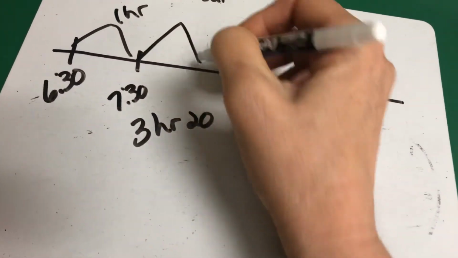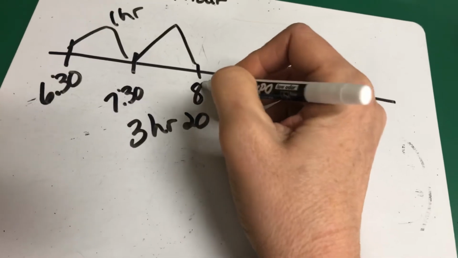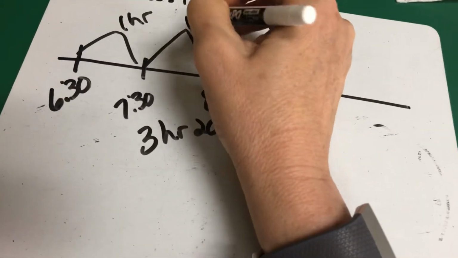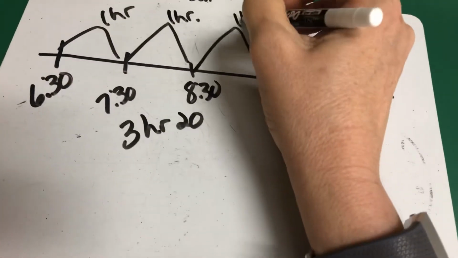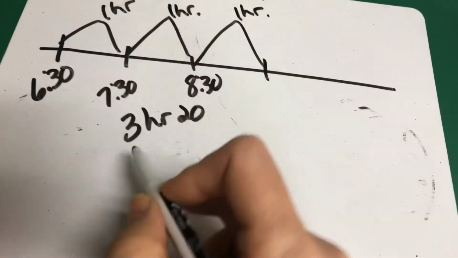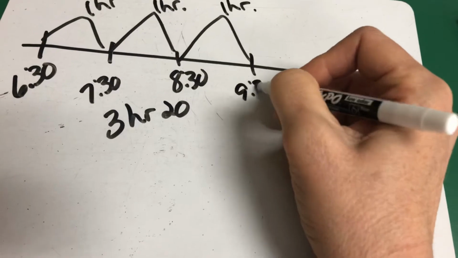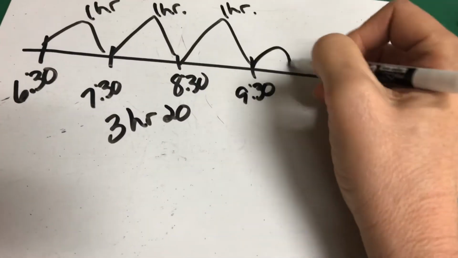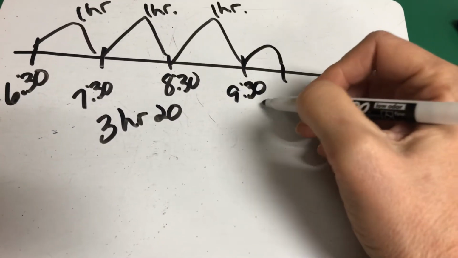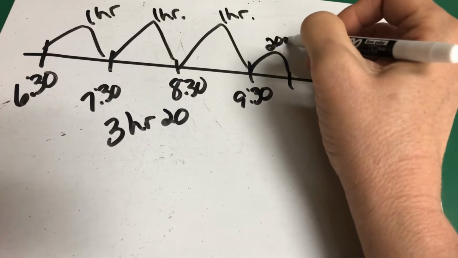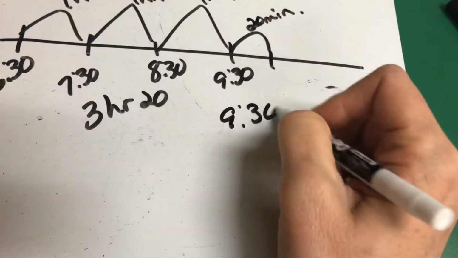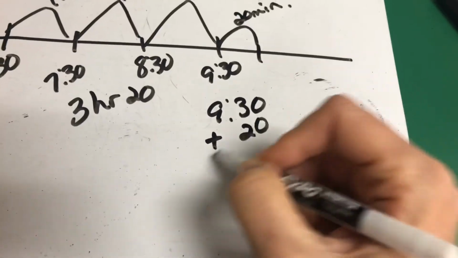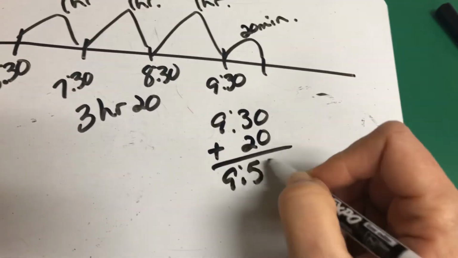An hour past that would be 8:30. An hour past that, 1, 2, 3 hours, would be 9:30. Then I'm just going to do a little 20 minutes. And what would that give me? Well, 9:30 plus 20 would be 9:50.